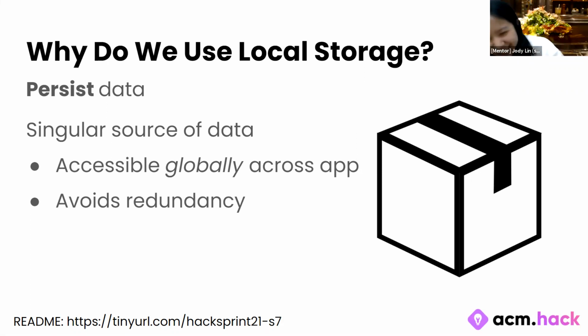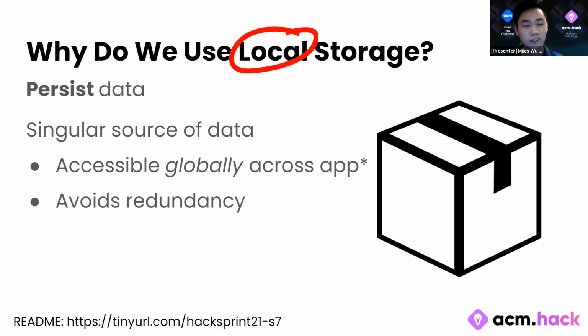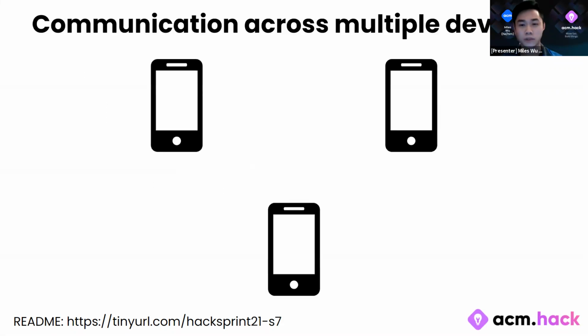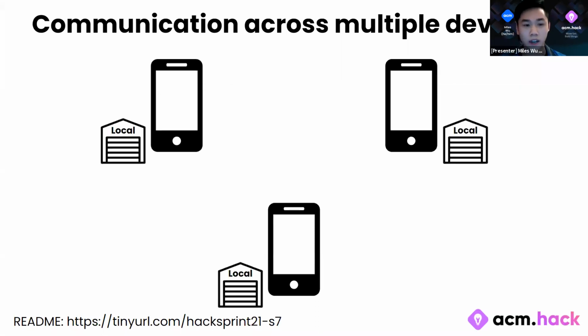Okay, that's fine. So local storage: persist data, singular source, awesome. Caveat: it's local, only on your device. Sad news. Why is this sad news? Because we want to consider an application where you need communication across multiple devices. So let's give all of our devices their own little local storage. These local storages are self-contained on their own devices.